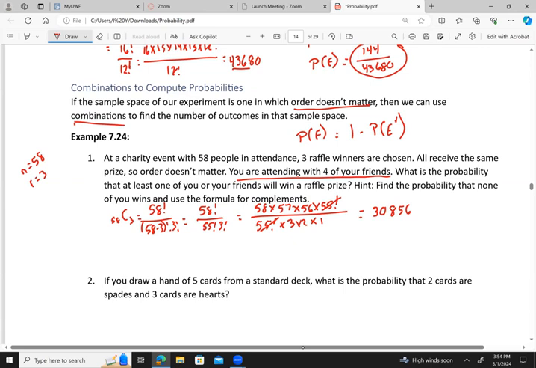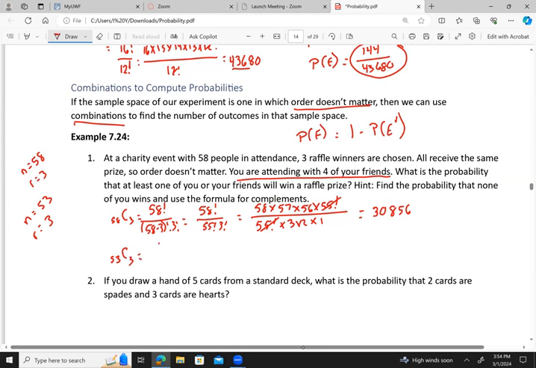I want to know how many 3-people groups I can get out of 53 people that are not my friends or me, because this would be how many groups none of my group are winners in.